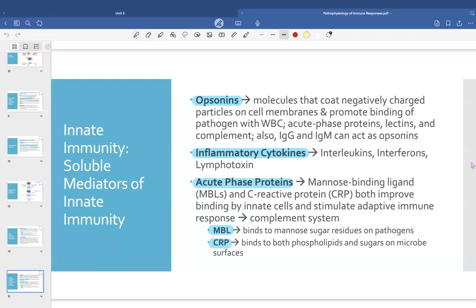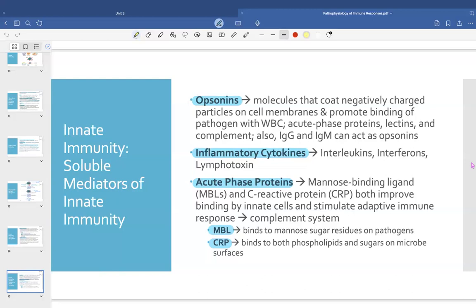Okay, looking at the complement system, this works with both innate and acquired or adaptive immunity. And it does stimulate various processes, and just again, another way of destroying the pathogen.